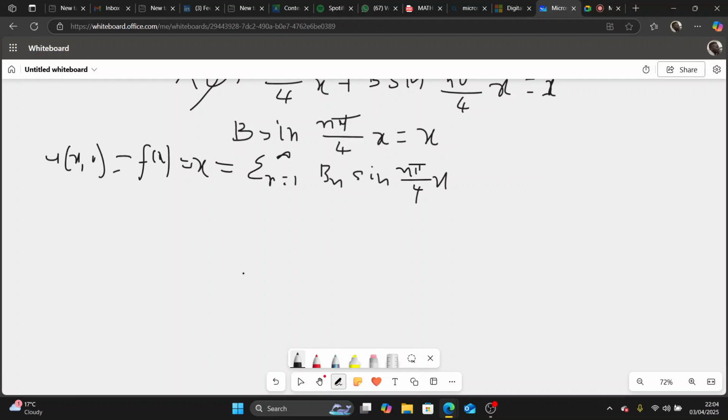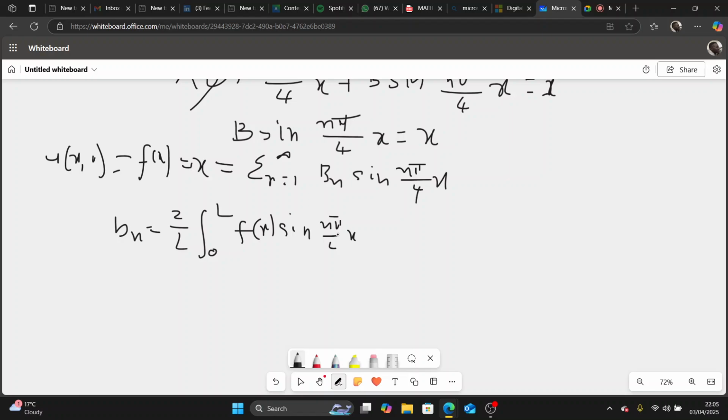Do you see the formula? Let me take Bn, because that's what we need here. Bn is 2 over L, integration from 0 to L of f of x sine of n pi over L x.